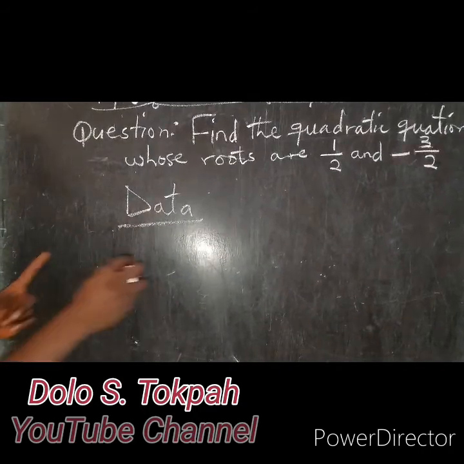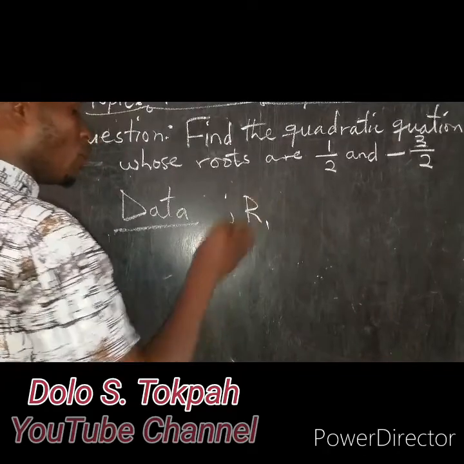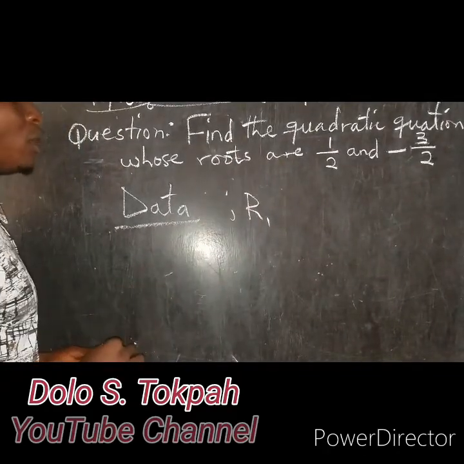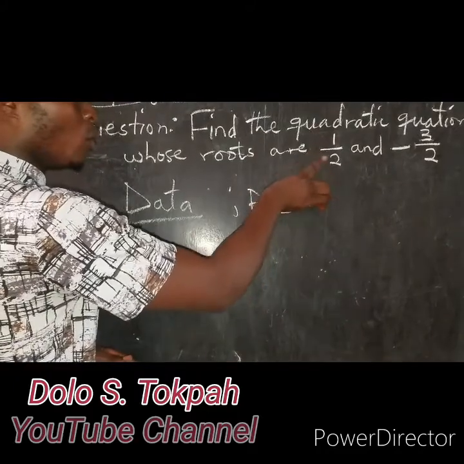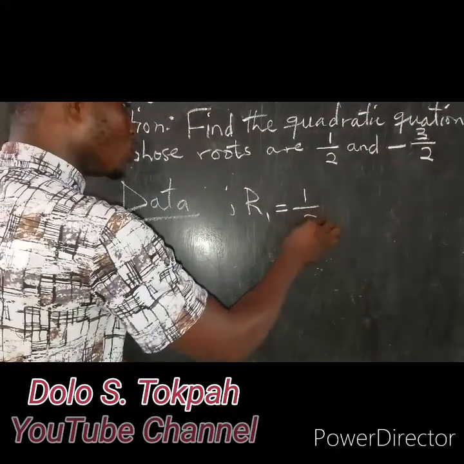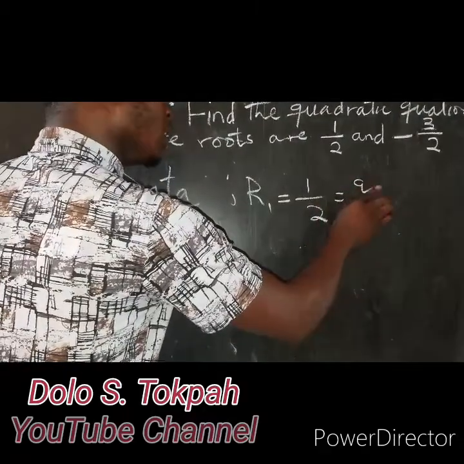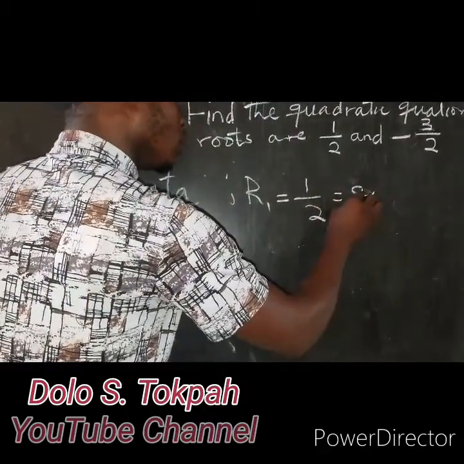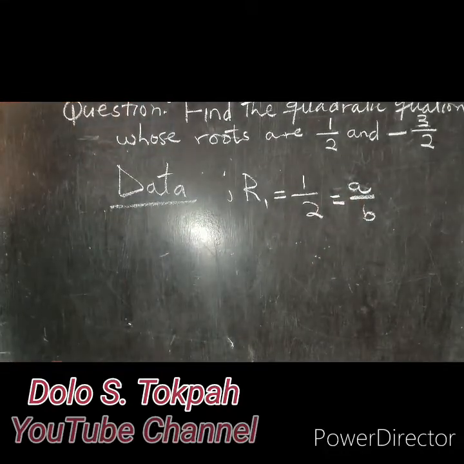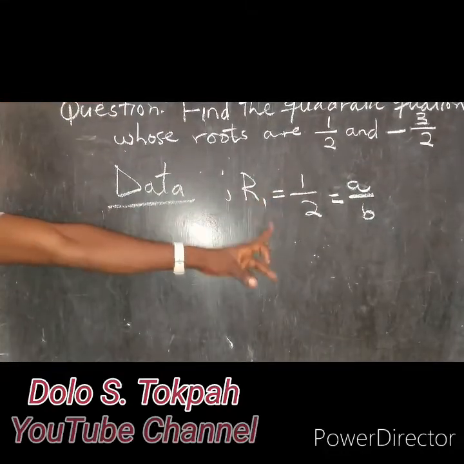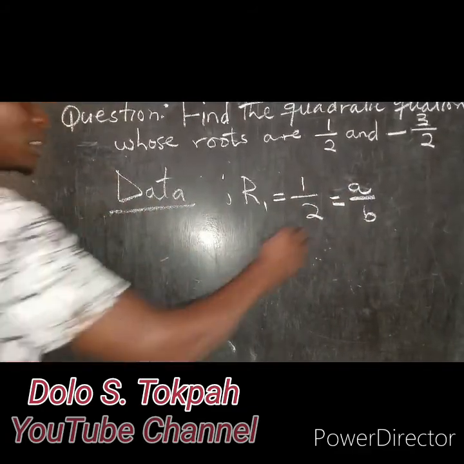Let's consider R1, the first root of the quadratic equation. R1 is 1/2, so we're going to express it in the form A/B. So R1 is A/B.